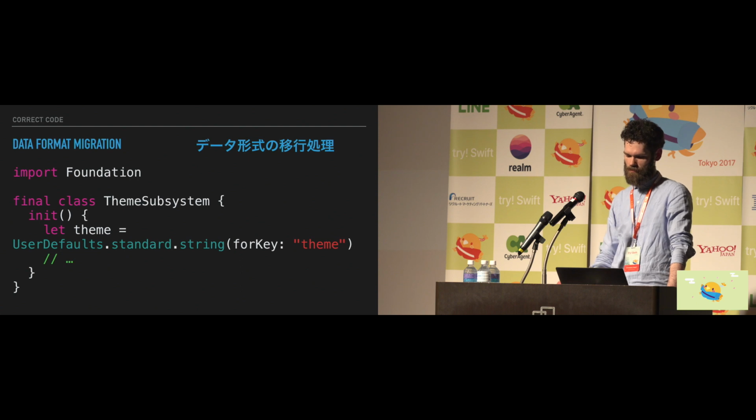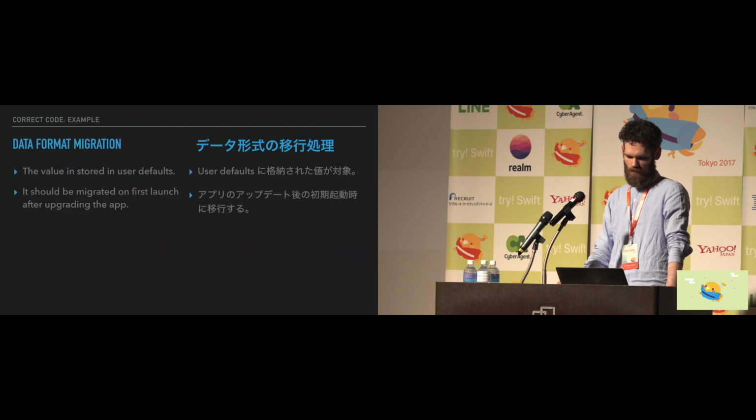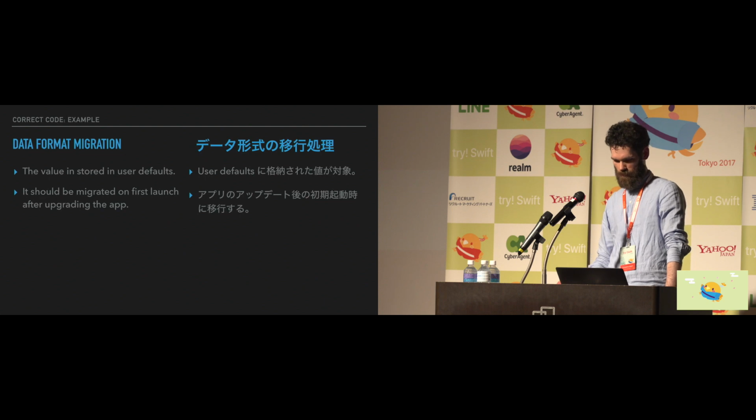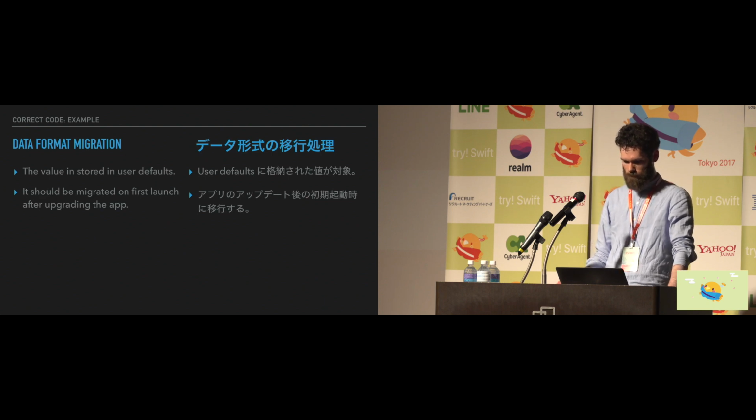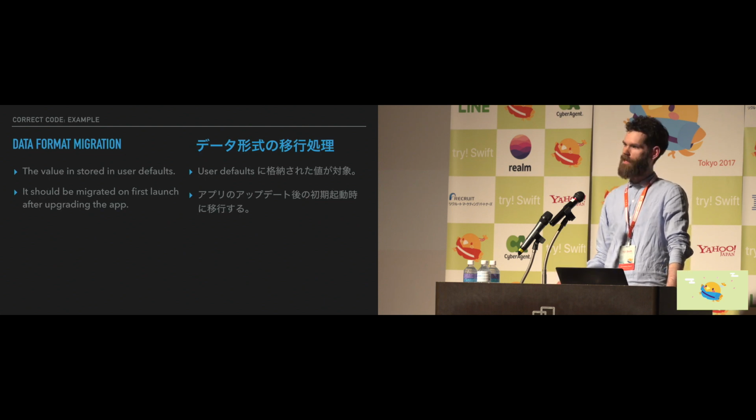As you can see here, the setting is stored in user defaults. So I added code that gets run when the app is launched for the first time on the new version, loaded this setting from user defaults, and I put the new format back in. Simple enough.